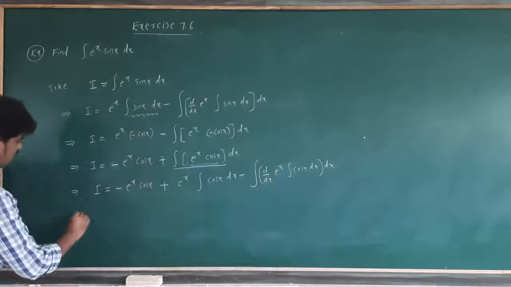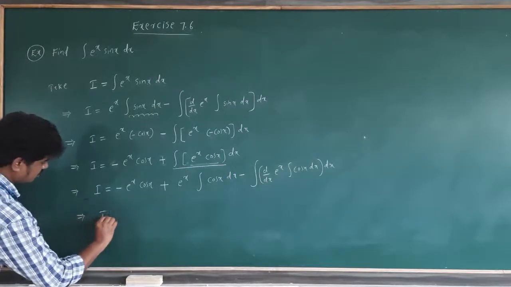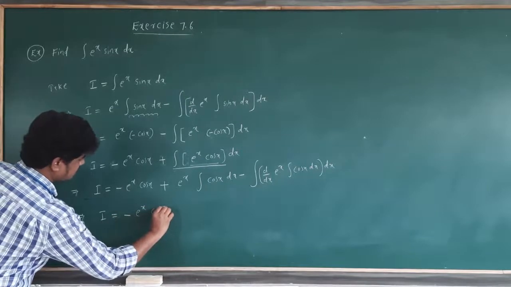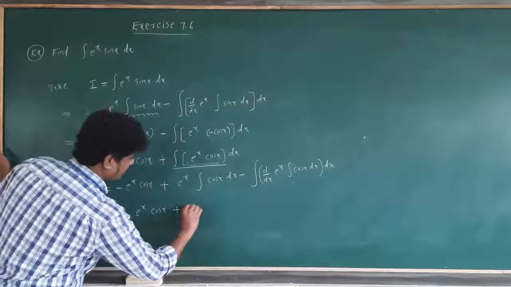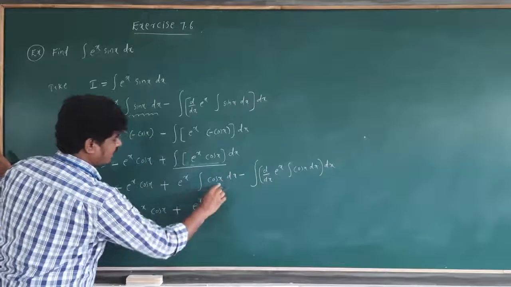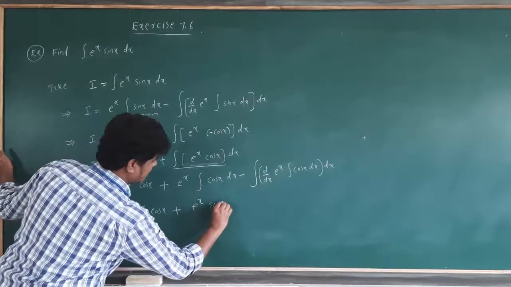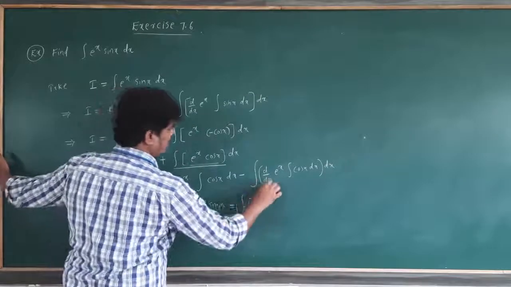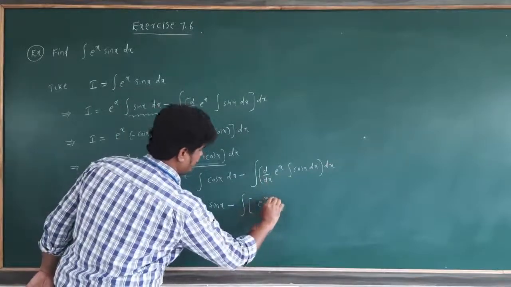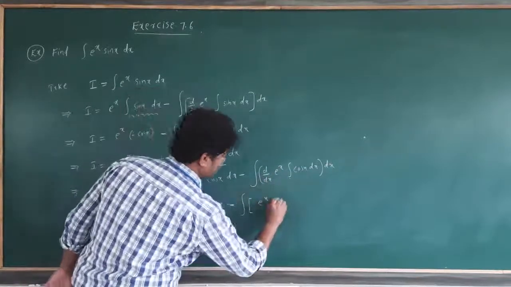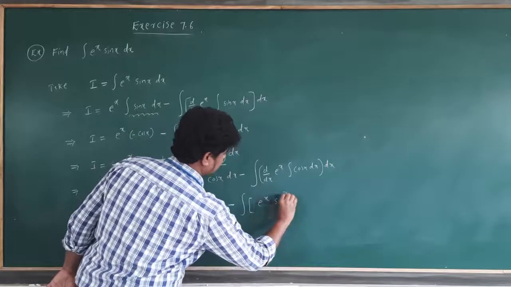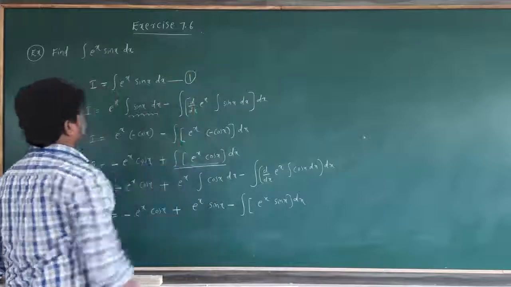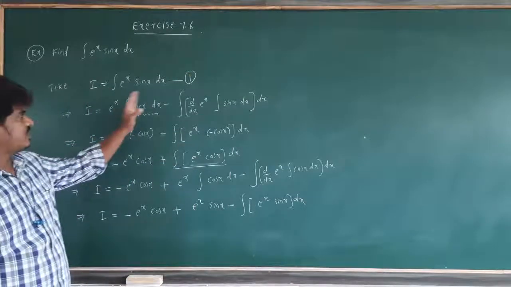Now I is equal to minus e power x cos x plus e to the power of x into the integral of cos x, which is sin x, minus integral of the derivative of e power x, which is e power x, into the integral of cos x, which is sin x, dx. From equation 1, I took it as equation 1.